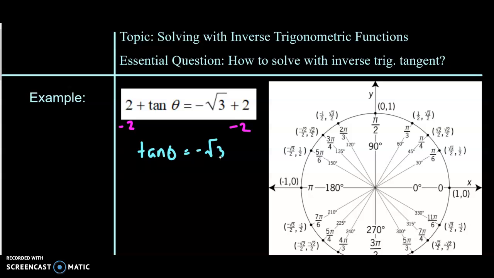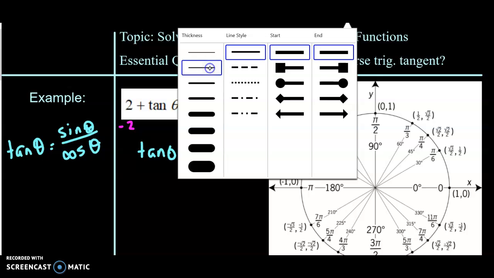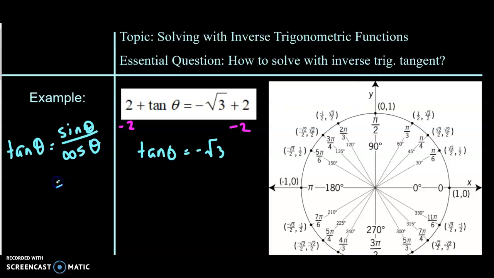And just to review, tangent is equal to sine over cosine. So what does that mean? That means that I have my y over x.